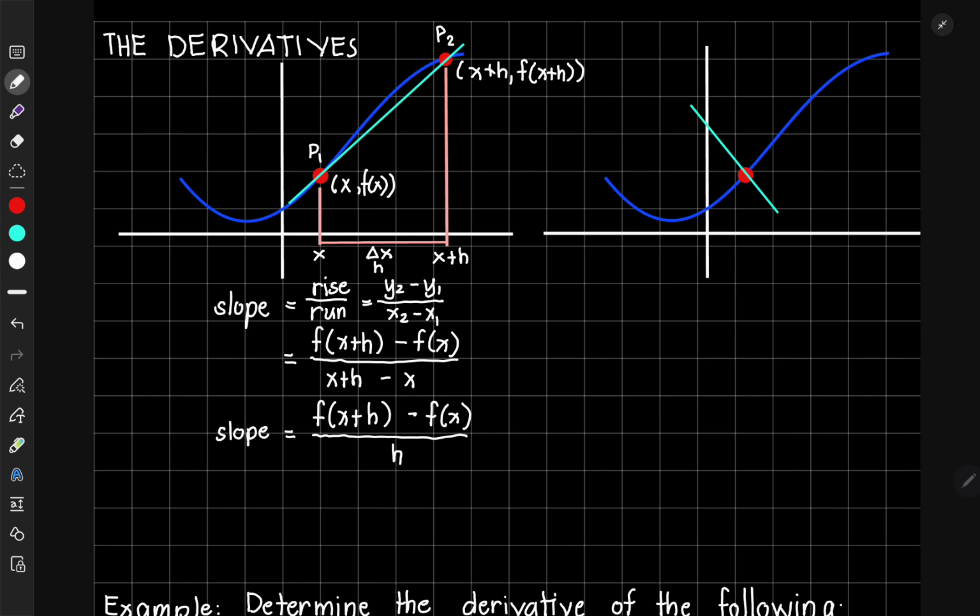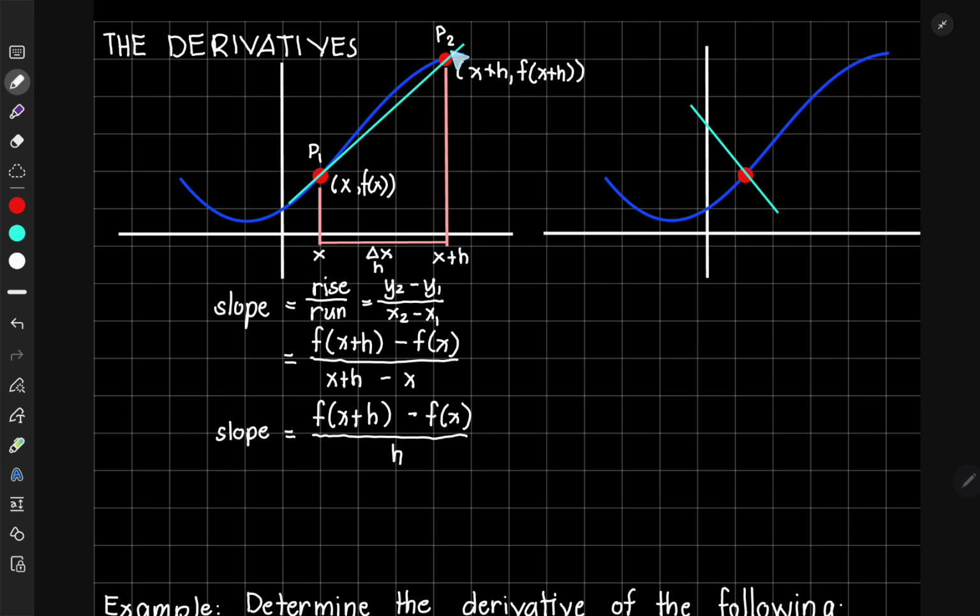So yung derivative natin, meron siyang formula, which is the derivative of a function that is equal to the limit of the slope of the secant as h approaches 0. So as yung point P2 kasi approaching yung point 1 natin, yung h dito, or yung delta x, or the change of x natin ay liliit siya.